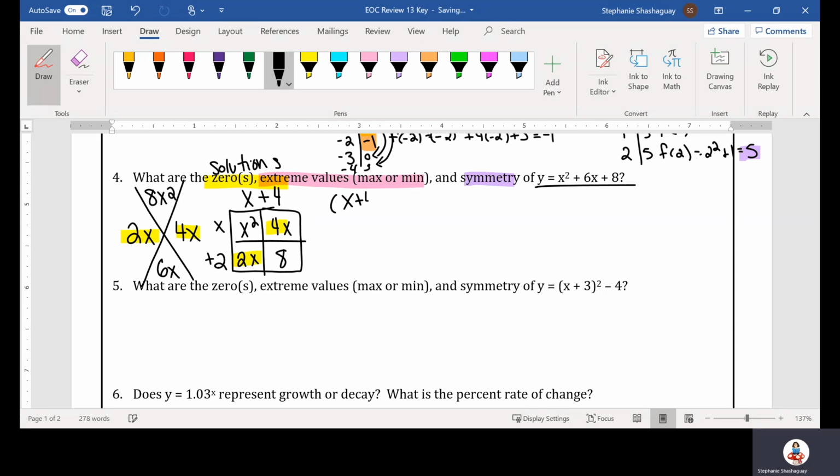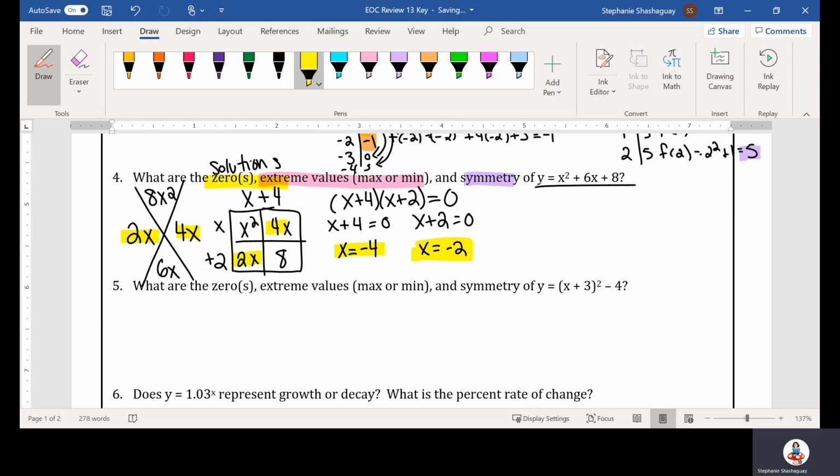So if x plus 4 multiplied by x plus 2 is equal to 0, then that means x plus 4 will equal 0, or x equals -4. So that's one solution. Or I'm going to have x plus 2 is equal to 0, so x is equal to -2 is the other solution. So those are my solutions.